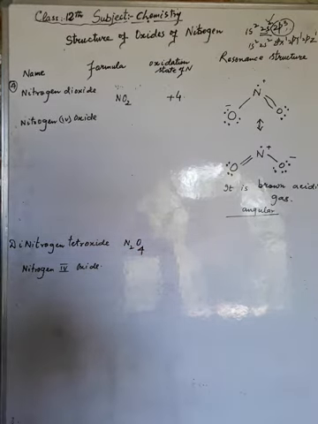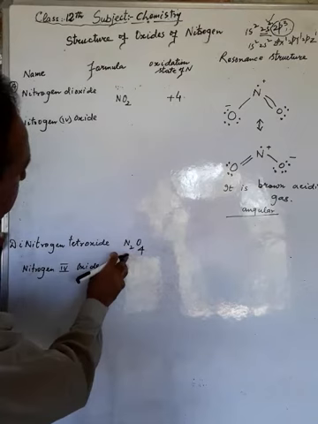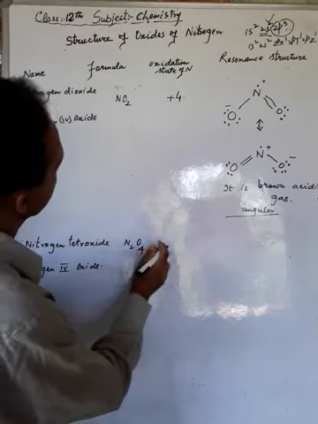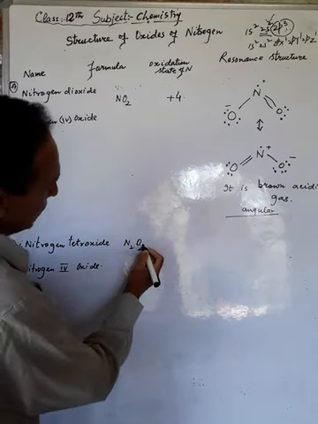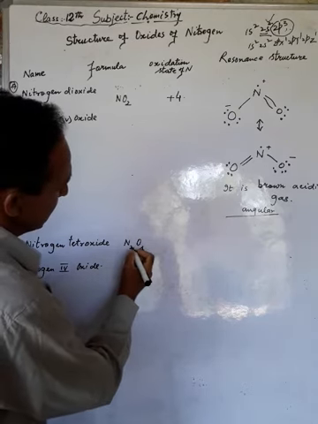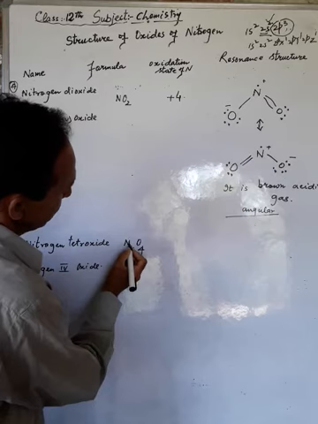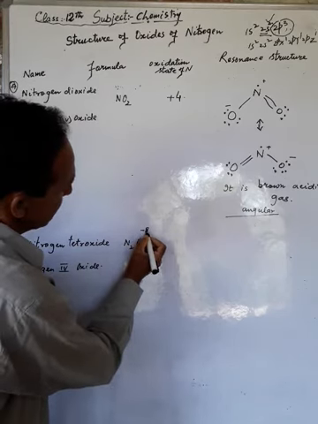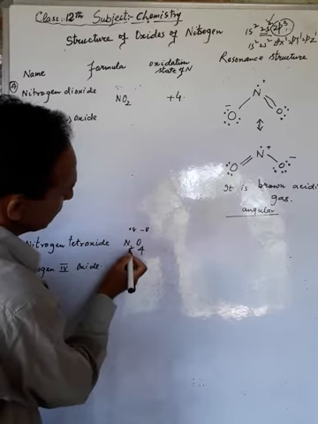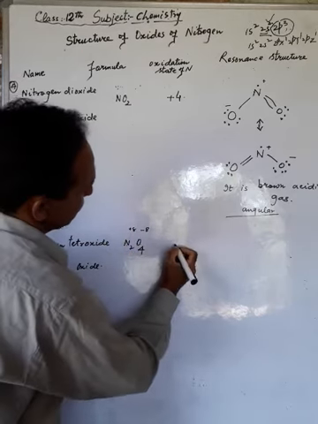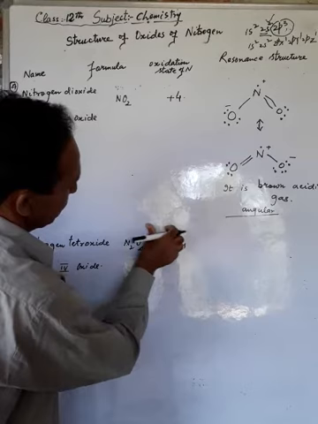The oxidation state of the nitrogen in this compound N2O4: 4 oxygens make -8, and we have 8 minus 8, इसका प्लस 8 होना चाहिए, तो प्लस 8 को 2 से डिवाइड करेंगे तो प्लस 4. It is in plus 4 oxidation state.